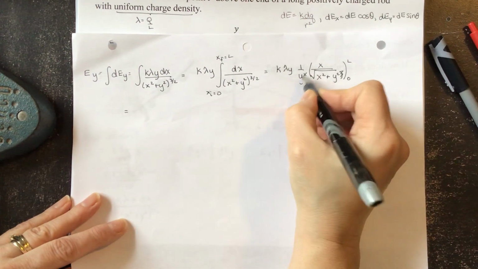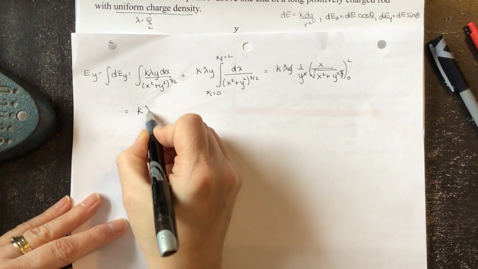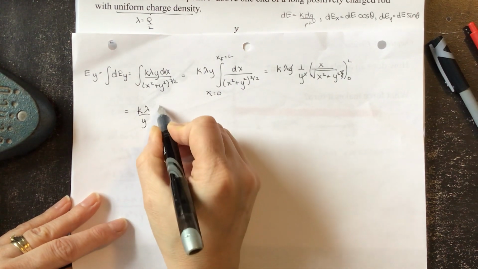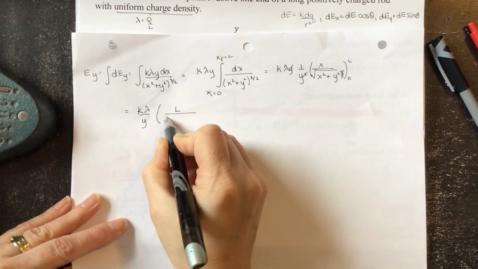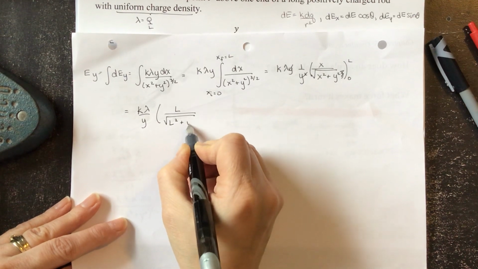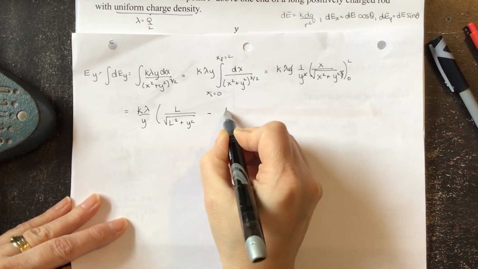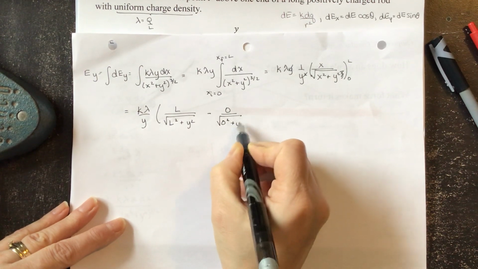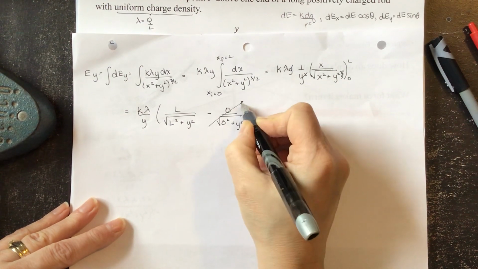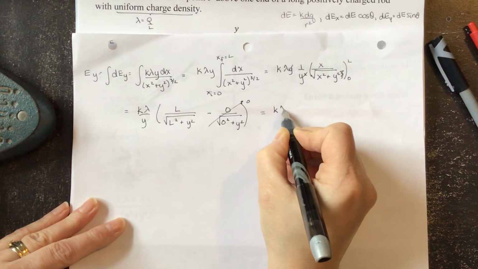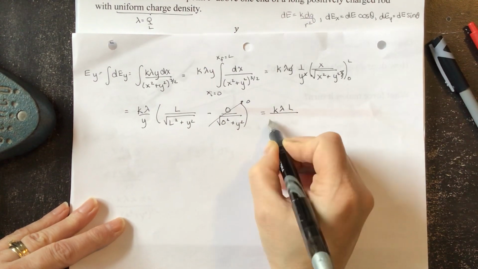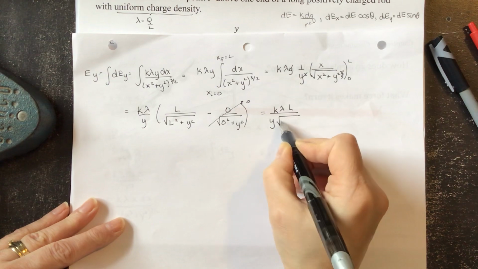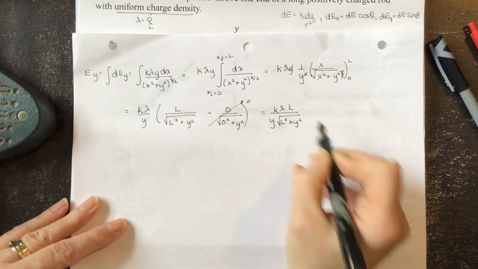Gives us, and then one of these cancels with one of these, k times lambda over y, L over square root of L squared plus y squared minus 0 over square root 0 squared plus y squared. This whole bit is just 0. K times lambda times L over y square root L squared plus y squared.